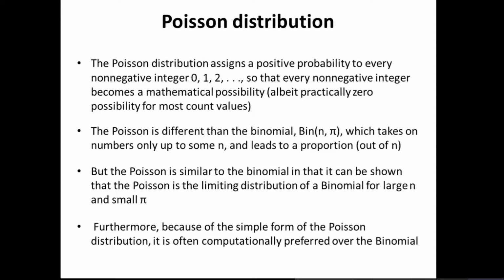Whereas when you come to binomial, it will be limited by a certain number. For example, assume the number of active attendants of this class is 20. N is 20.